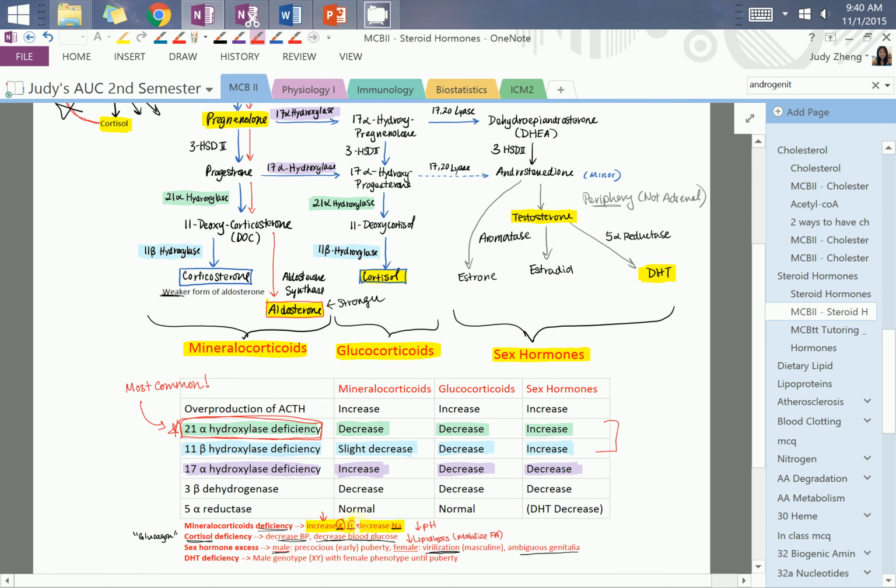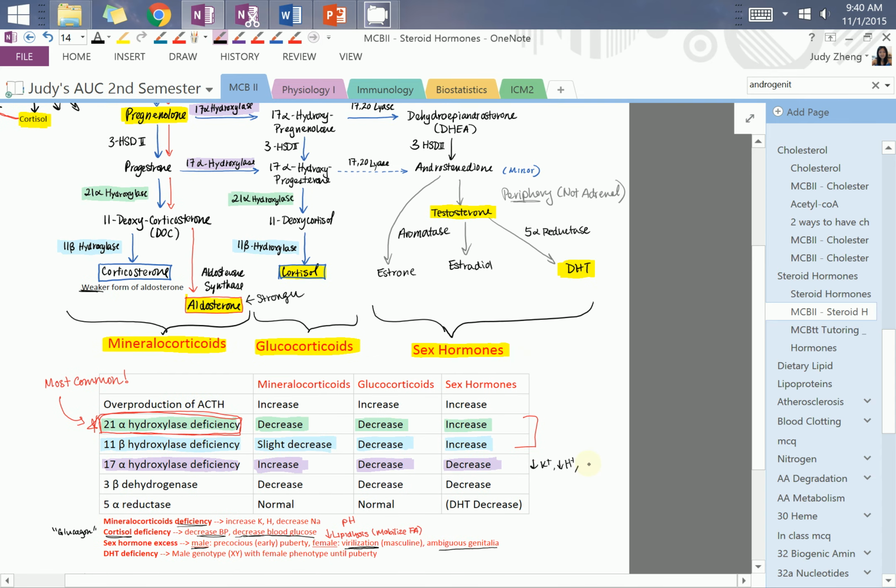You have a decrease in hydrogen, but your serum sodium would increase, so it would be a hypernatremia. And instead of having a lower pH due to this, you actually have an increased pH, so it would be alkalotic.